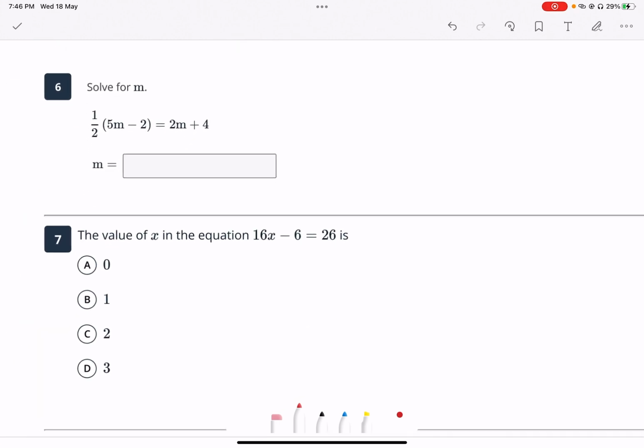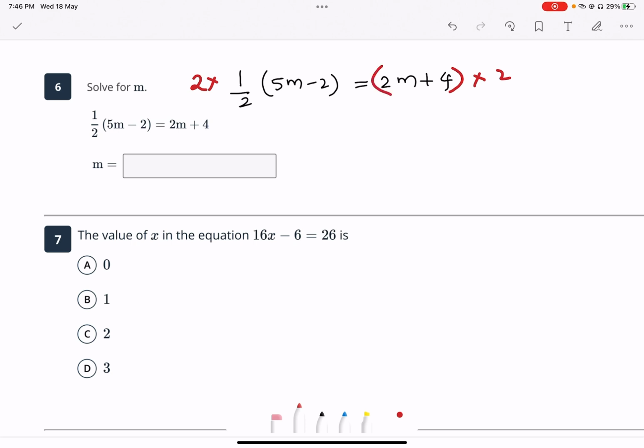and solve this question, please. So what is this? Half of 5m minus 2 equals 2m plus 4. Now if you want to avoid fractions, you can simply multiply both sides by 2.